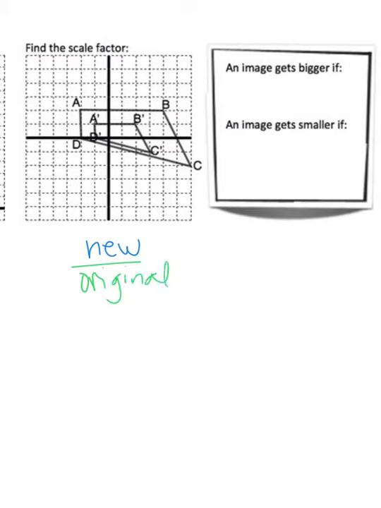I know my new figure has these primes, so this length right here is my new length, which is a 3. This length up here is the corresponding side, and since that figure does not have primes, that's my original, and that is 1, 2, 3, 4, 5, 6 units long. So that makes my scale factor 1/2.